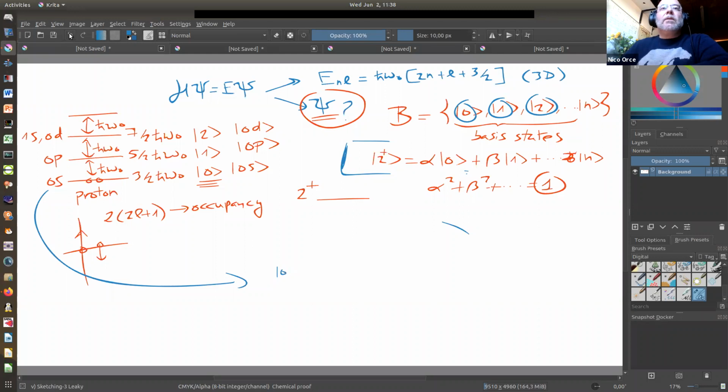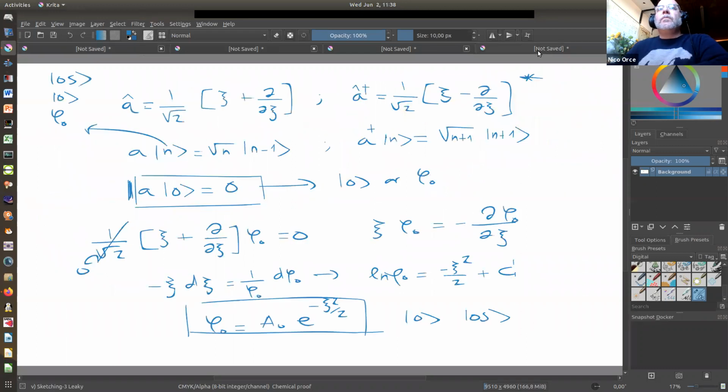Let's call it 0 because the ground state is the first state. Or we call it psi rho naught, which is equal to a constant e to the minus psi square over 2. This is what we have deduced right here.